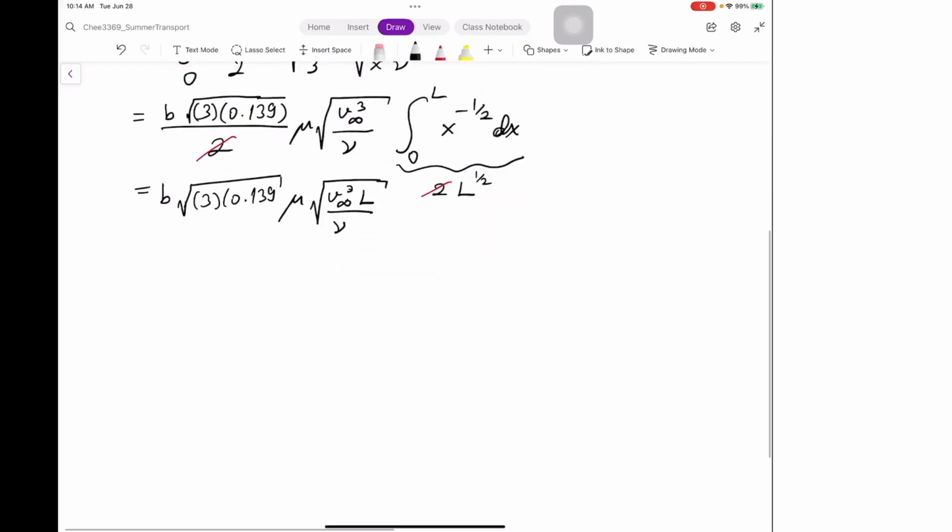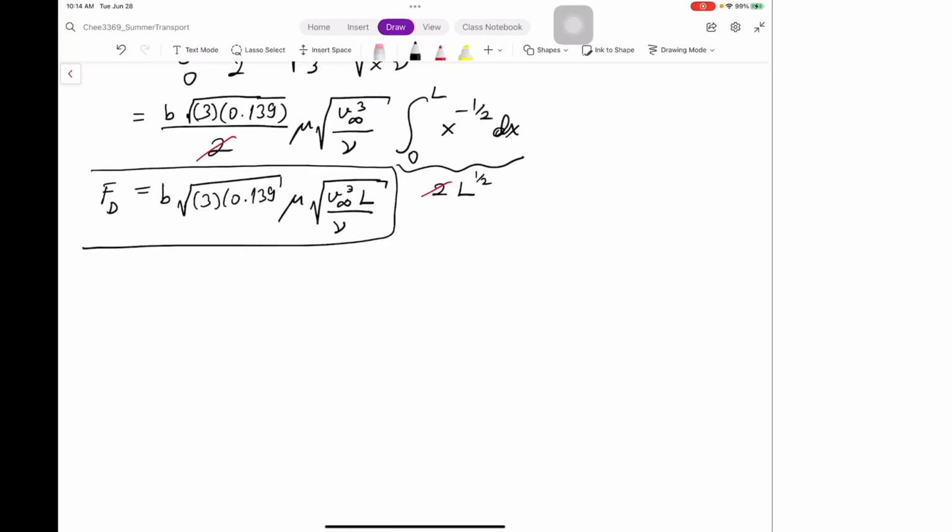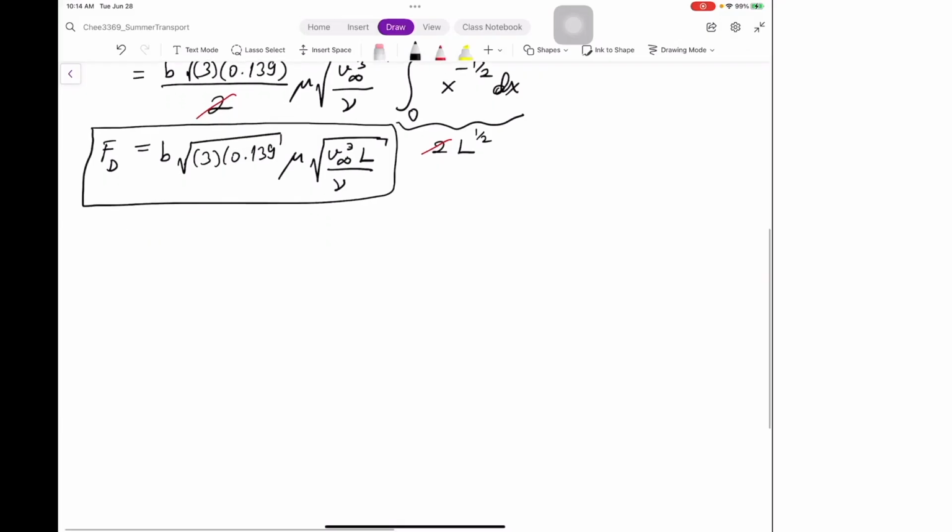So that's the friction force, right? So let's box it. Acting on a plate with a length of L, the width of B. Okay. We can also calculate what's called a drag coefficient, which is CD, which you may remember from your fluid mechanics course.